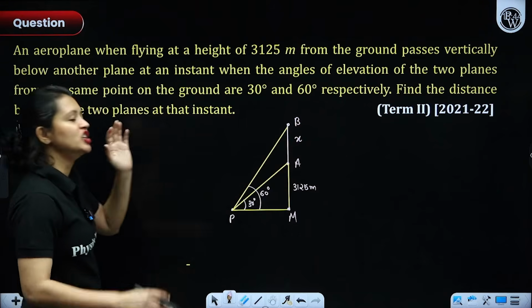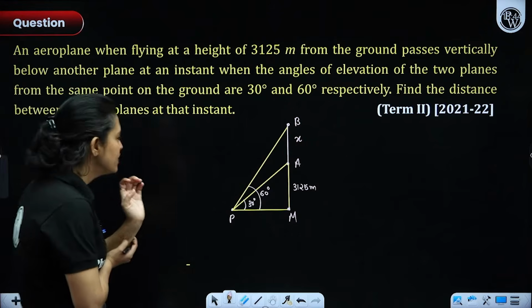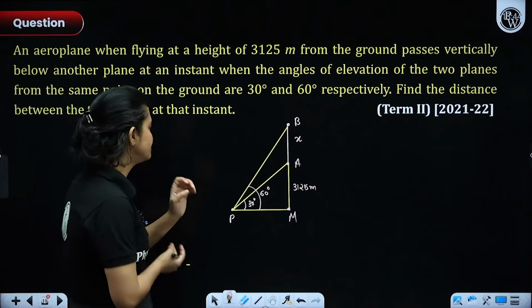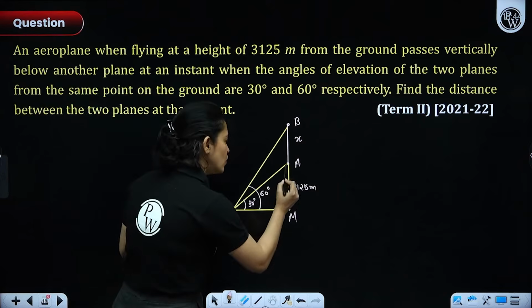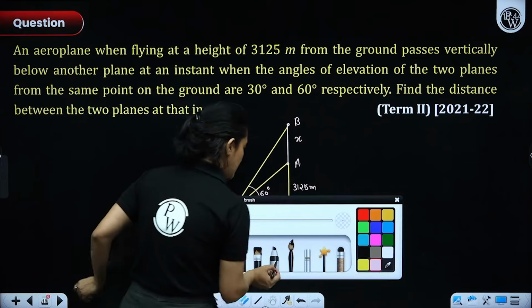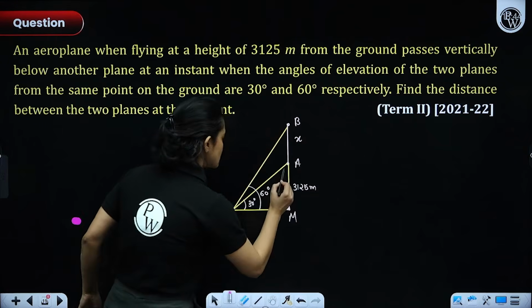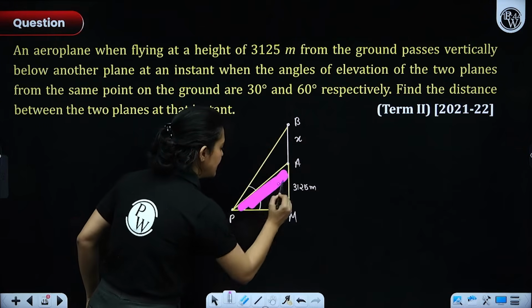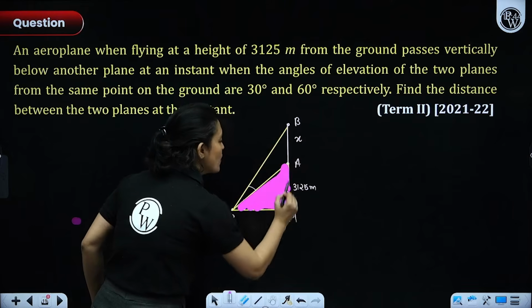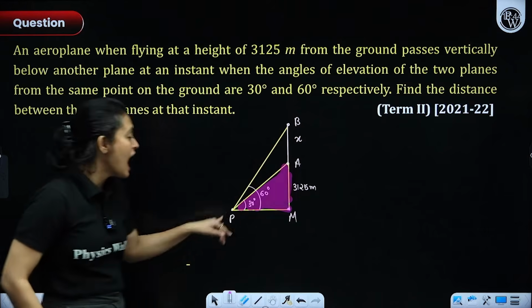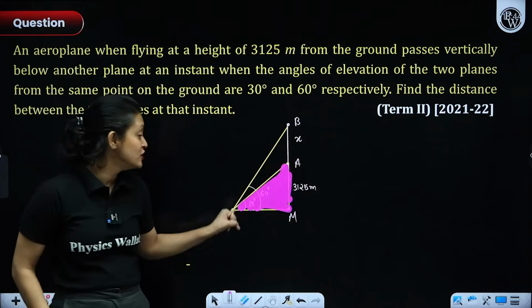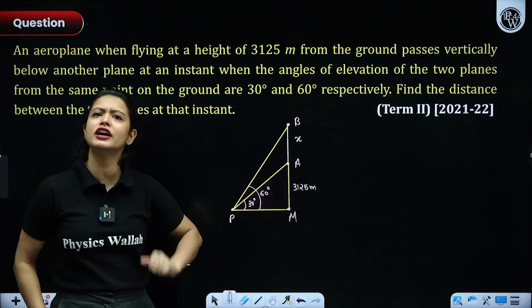Okay, chaliye ji, let's start the problem. So first of all, what I'll do is, I know that if I take this triangle here, look at this triangle here, everyone. Look at this triangle here, triangle APM. In triangle APM, I know one side is 3125 meters and I know the angle of elevation is 30 degrees, I can easily figure out MP.